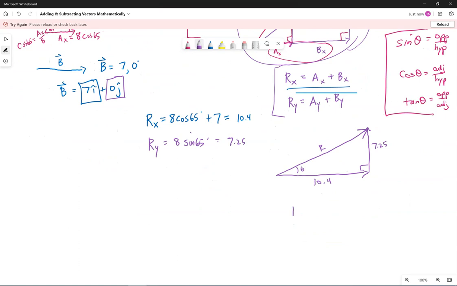So the magnitude of the vector comes from the Pythagorean theorem. And then we know the tangent of that angle would be the opposite side over the adjacent side. So we can take the inverse tangent of that to find the angle.